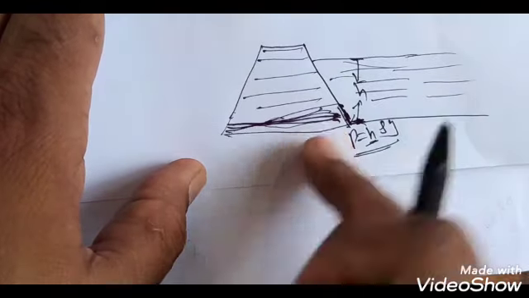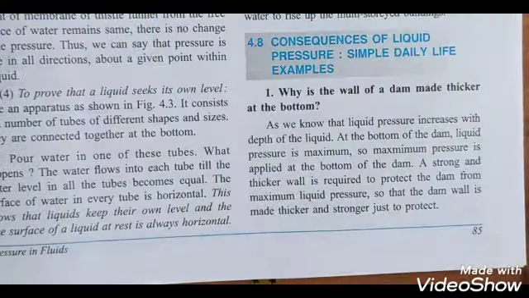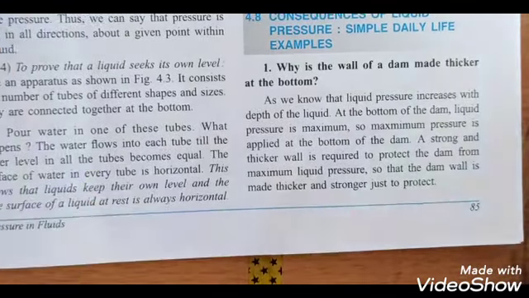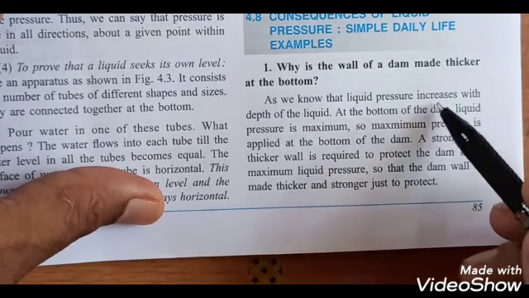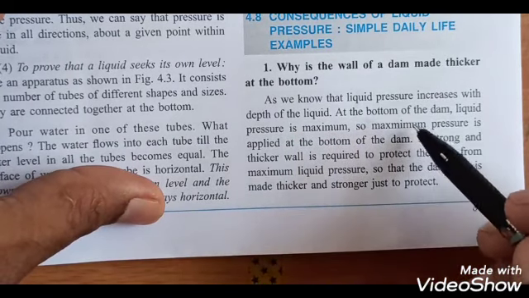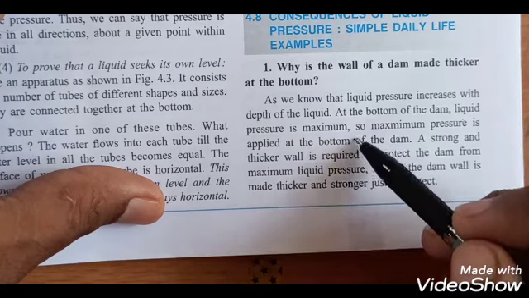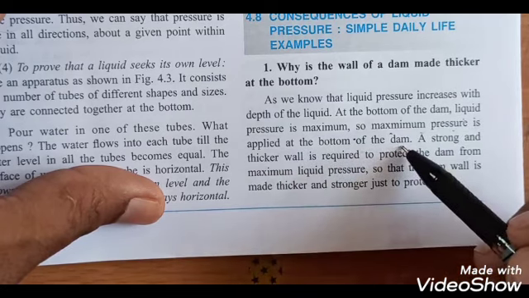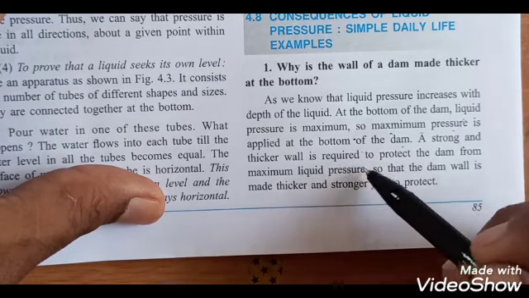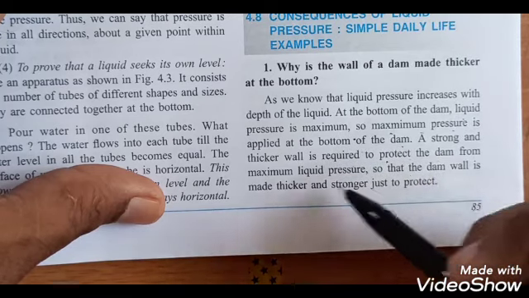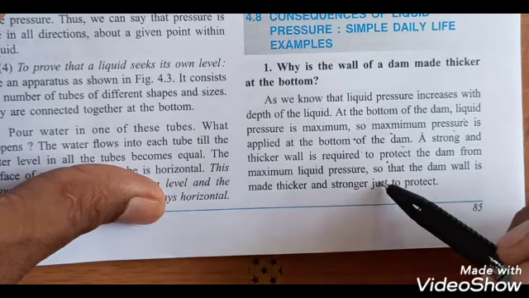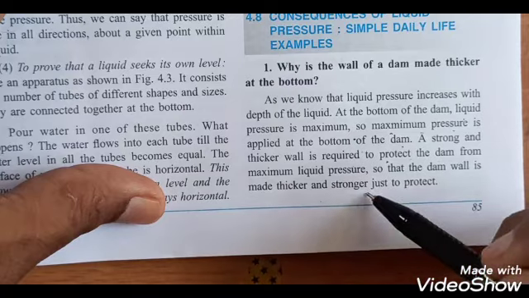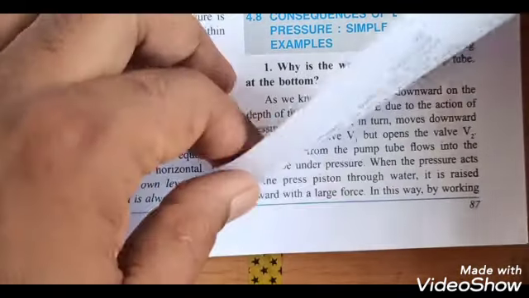That is why the bottom of the dam wall is made thicker. Thicker in a way means stronger also. As we know, liquid pressure increases with depth, so at the bottom of the dam the liquid pressure is maximum. A strong thicker wall is required to protect the dam from maximum liquid pressure, so the dam wall is made thicker and stronger just to protect it from collapse.